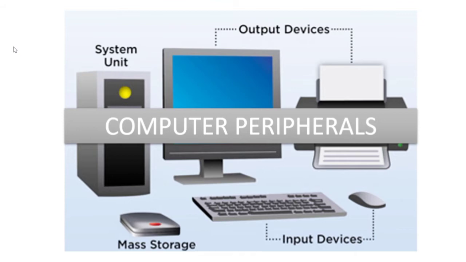In a computer system, processed data is displayed or obtained through output devices. Now let's see some common output devices. First is the monitor.